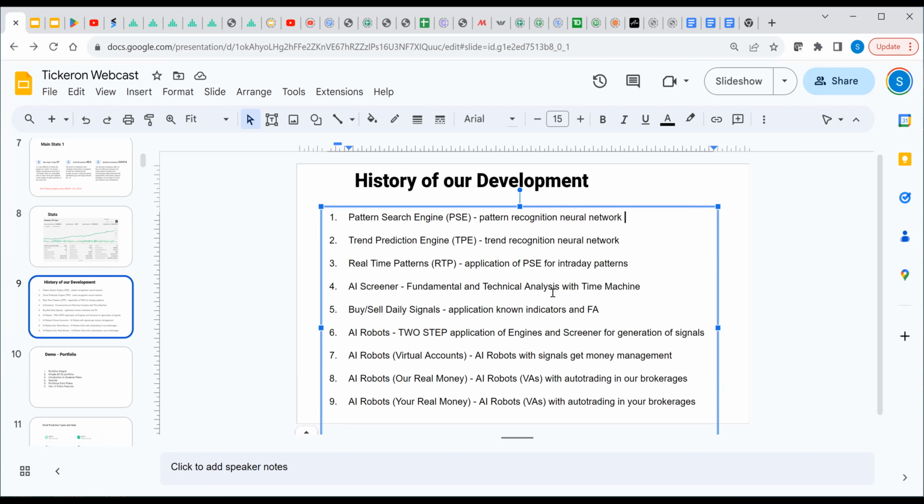And then people continue to ask us, how do you guys use them all together? So then we released first product, buy, sell daily signals, meaning we took this, and then collected all into one analysis of indicators and the fundamental analysis, and then created the first more or less machine, like a robot.